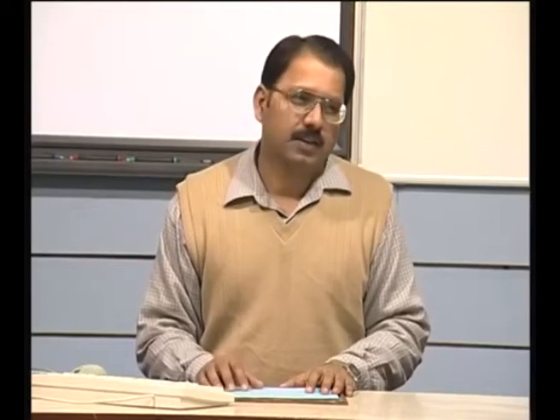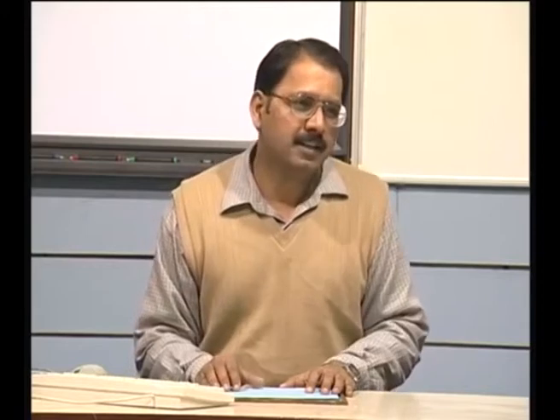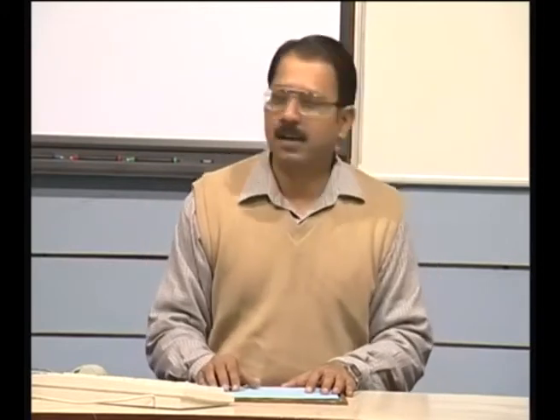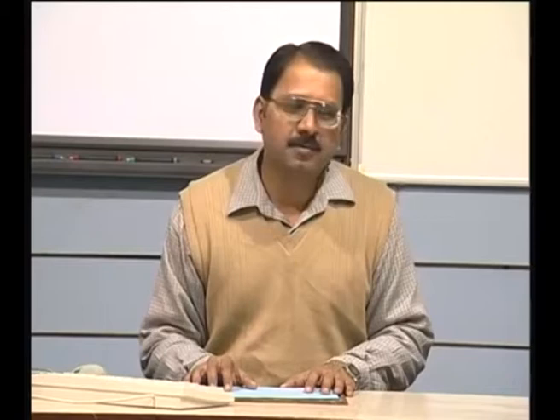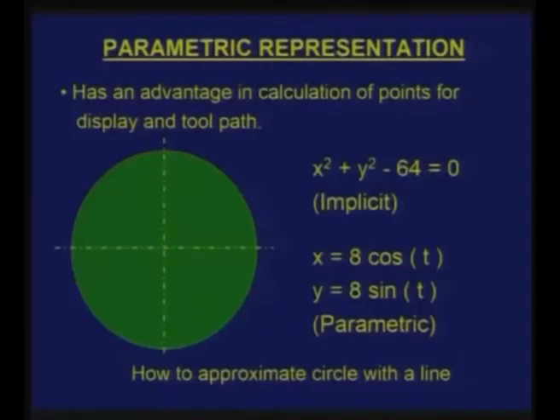Then of course, one of the very clear advantages, a major advantage as far as CAD/CAM applications are concerned, is in terms of discretizing an entity. I have again taken an example of a circle. In most of these cases, I have taken a circle because this is one entity with which we are already familiar, and most of the advantages can be demonstrated using this single example.